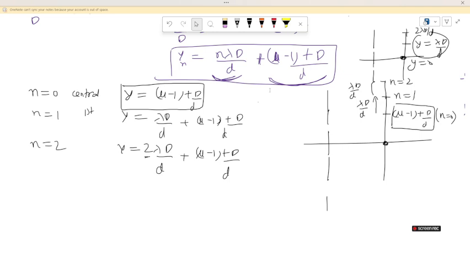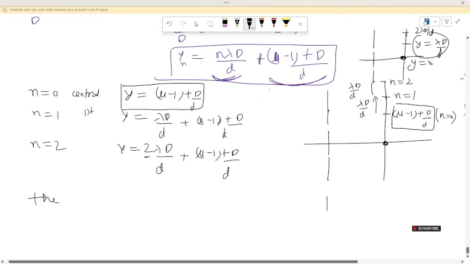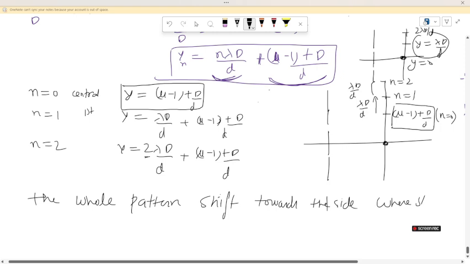So we can say that the whole pattern shifts towards the side where the slab is introduced by a distance (mu minus 1) t D by d.